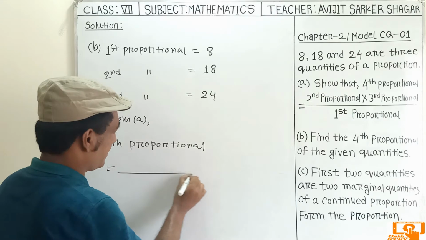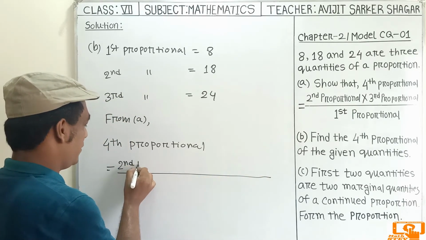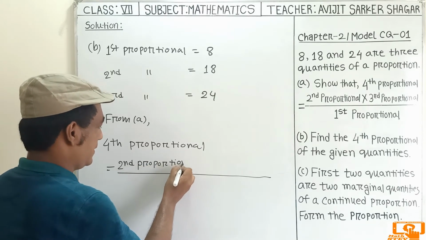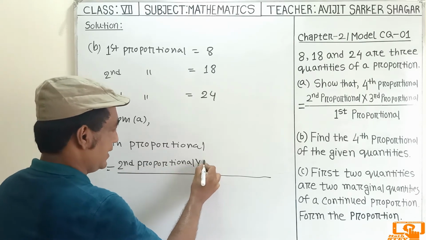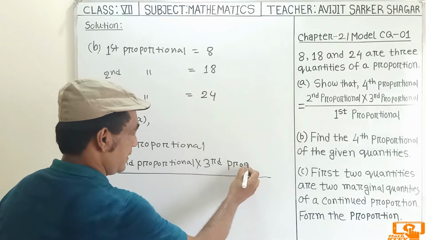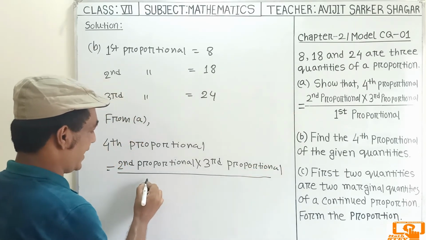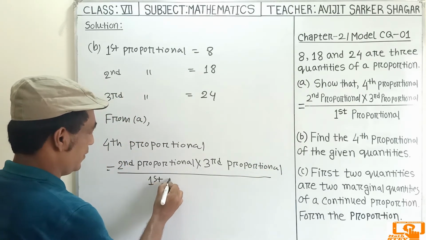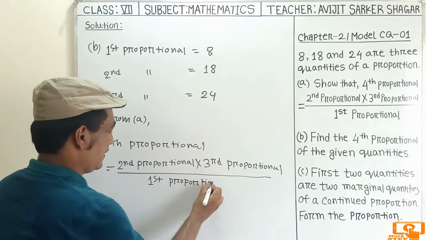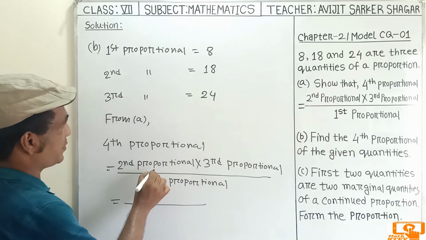Fourth proportional equals second proportional multiplied by third proportional divided by first proportional. What is the second proportional?